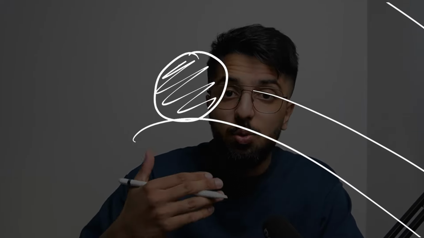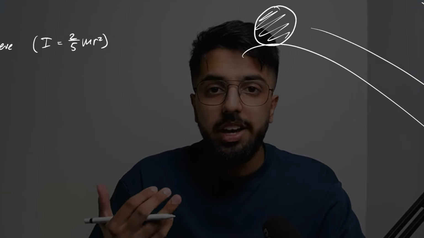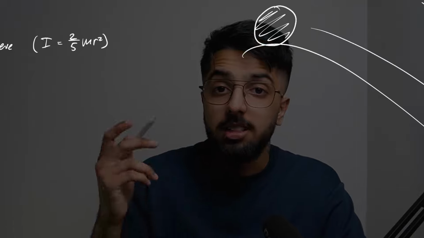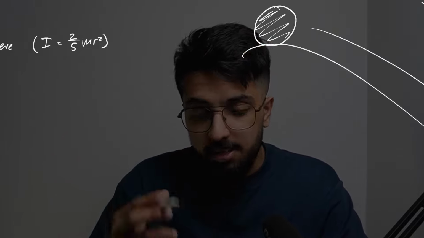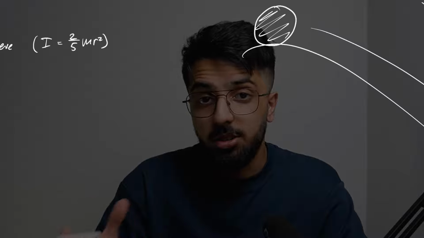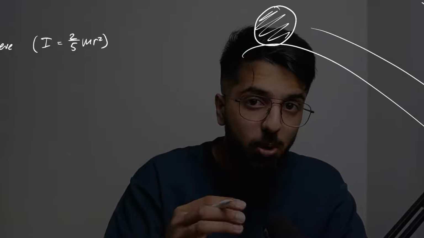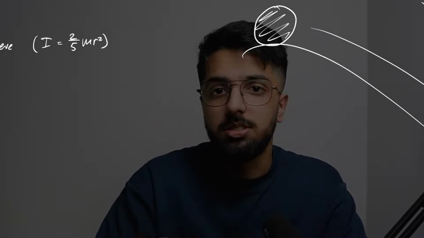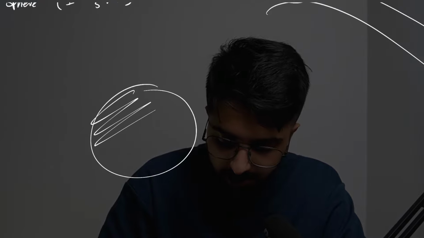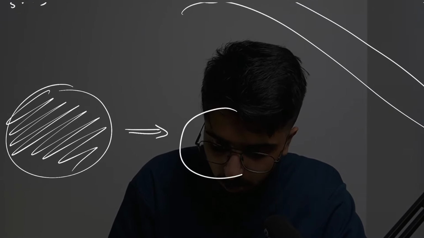One thing we can do, however, is simplify a solid cylinder into a hollow cylinder that has the same characteristics. Now, because we know that hollow cylinders have a larger rotational inertia, this equivalent hollow cylinder of the solid cylinder is going to be smaller than the solid cylinder, right?